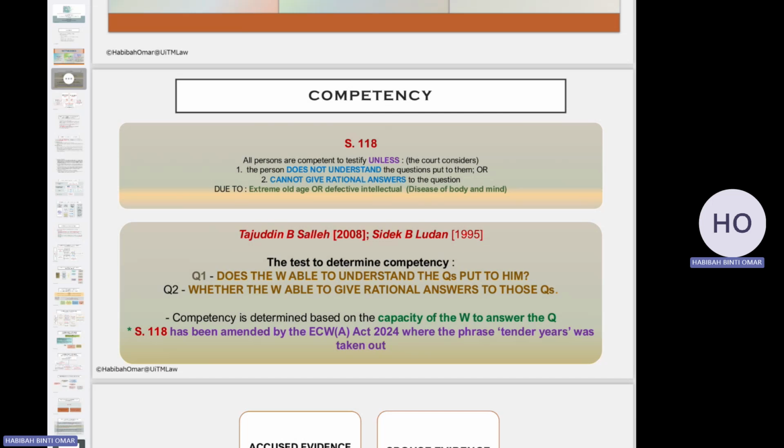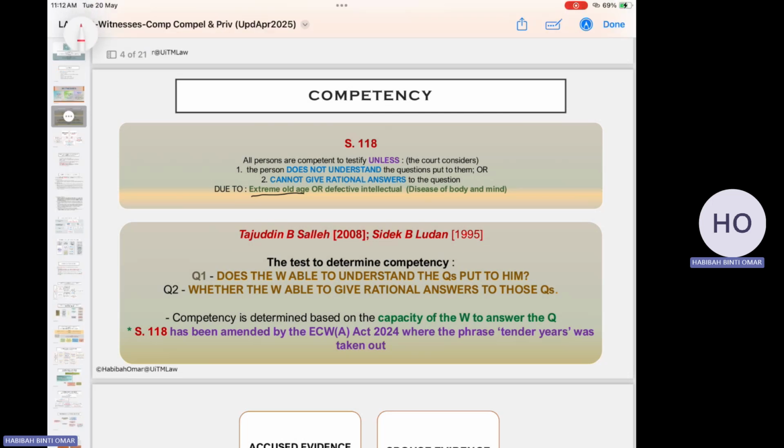Under Section 118 of the Evidence Act, two kinds of persons that may have issues of competency are highlighted. That is when the person is extremely old or the person has a disease of the body and mind. So that is a situation where the person may have a competency issue.